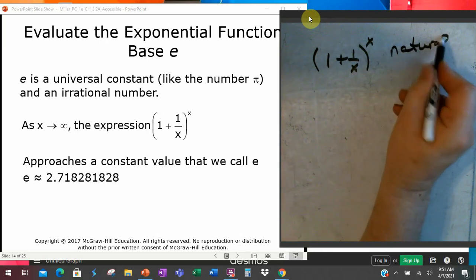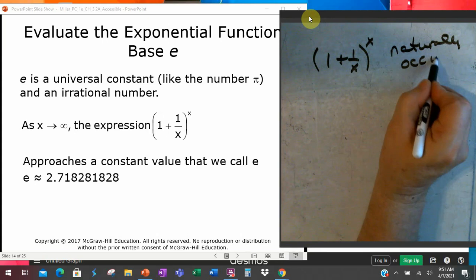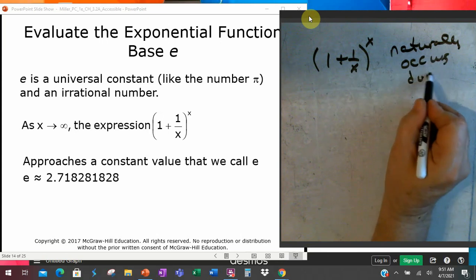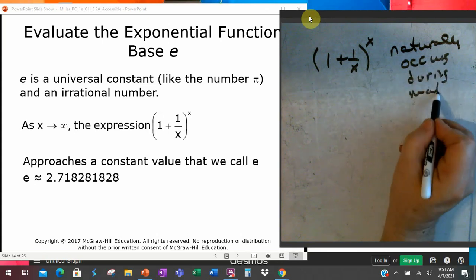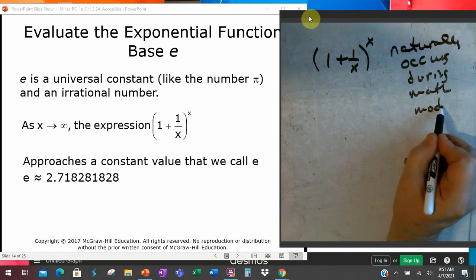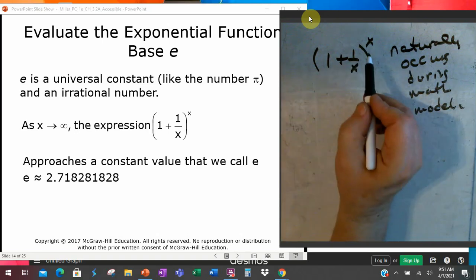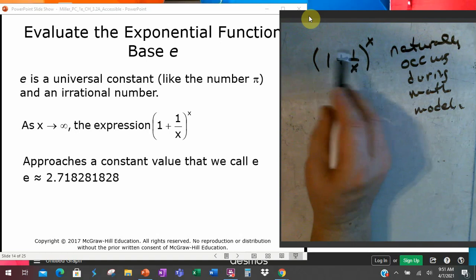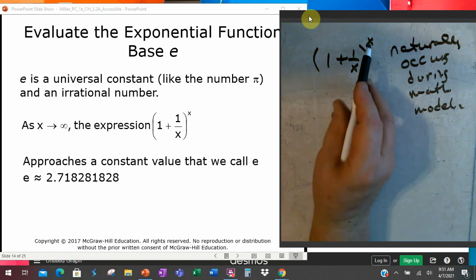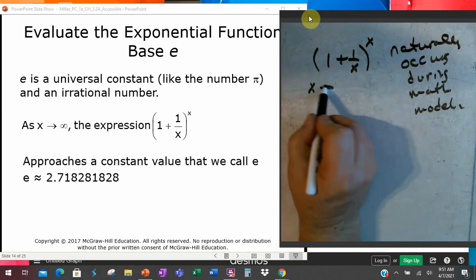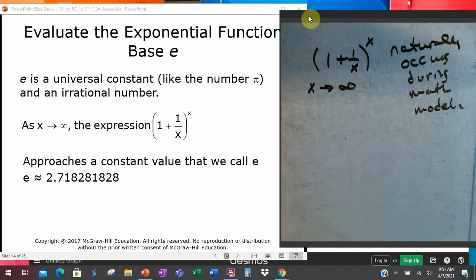Naturally occurs during modeling. Okay. And what I want to do is this thing comes up to some power. It's a percentage or proportion here.